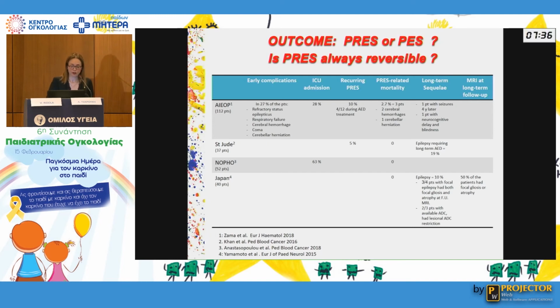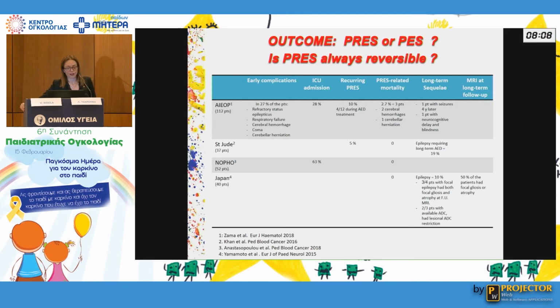If we look at the main pediatric studies in the literature, first of all, we can see that we can have early severe complications in around 27% of the patients, which can include refractory status epilepticus, respiratory failure, cerebellar hemorrhage, coma, and cerebellar herniation.